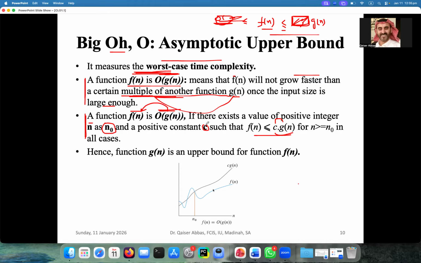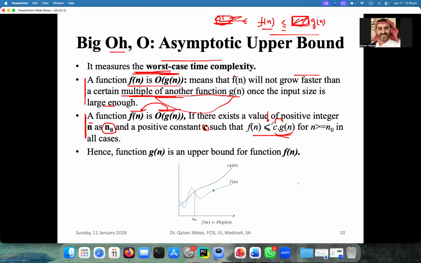After that, f of n would be less than or equal to c g of n. If this condition holds, and we call this an inequality, when you have equal and also less than there, we call it an inequality.